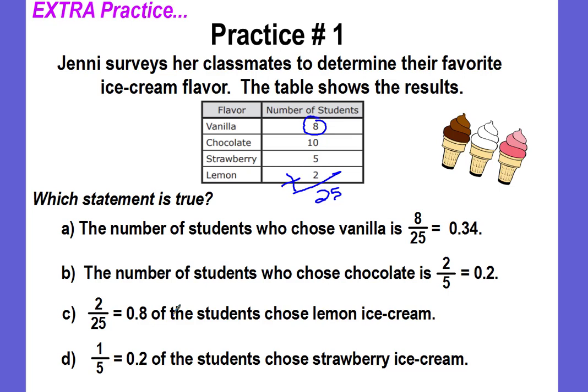If you got it wrong, then I want you to come back and look at the page that has all of the work on it and see where you made your mistake. If you got it right, then when you come back, you can continue playing the video and it will go on to practice problem number 2. Okay, go ahead and pause the video, show your work on your paper, and choose which statement you think is true.